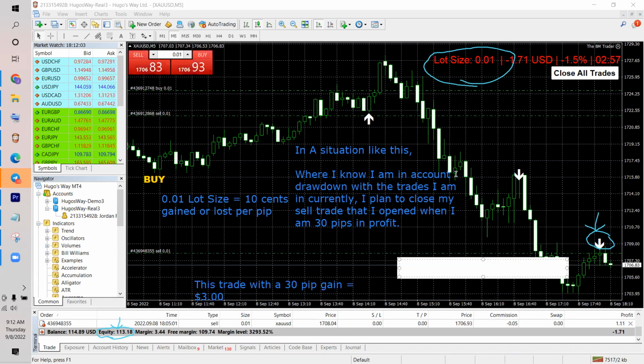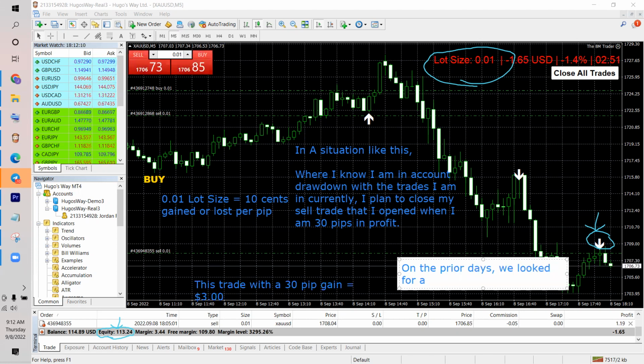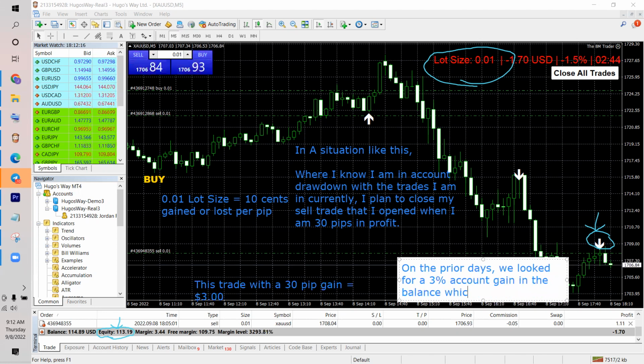On the prior days, we looked for a 3% account gain in the balance, which in turn helped us with a 3% gain in the equity. Again, all this ties to equity right here.